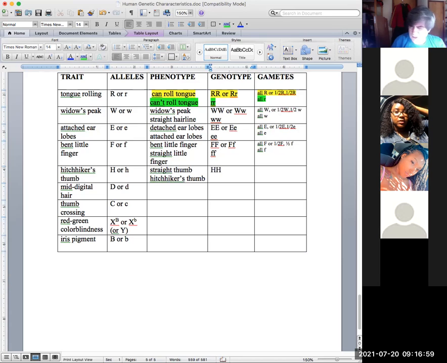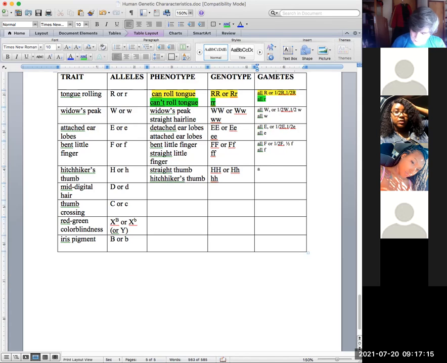So if you have a straight thumb, you're either big H, big H or big H, little h. If you have hitchhiker's thumb, you're little h, little h.